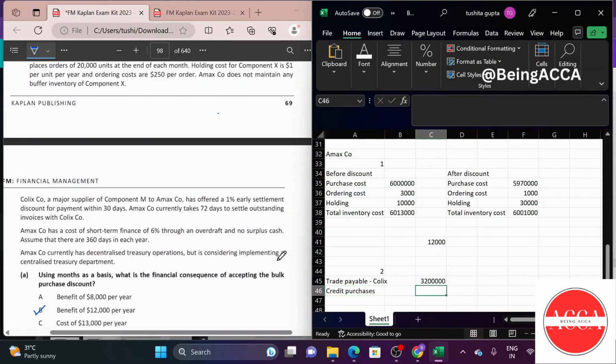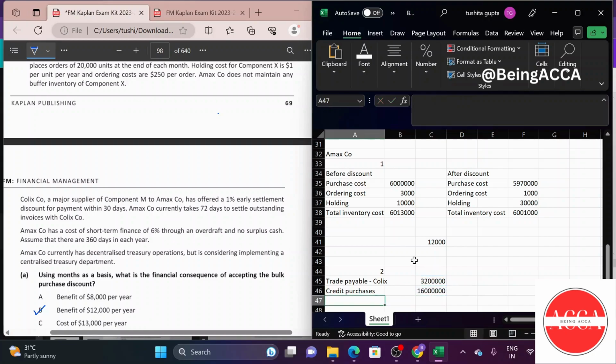Credit purchases, remember how we used to calculate the settlement period? We find that out by dividing the trade payables by the credit purchases and multiplying by 360. So 360 is the number of days that we have over here. Transposing, I will find out the credit purchases. So this will be this figure divided by 72 and then multiplied by 360.